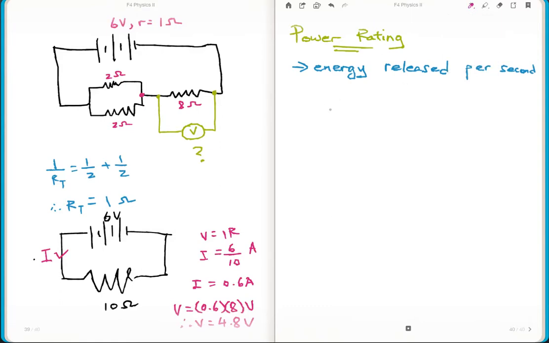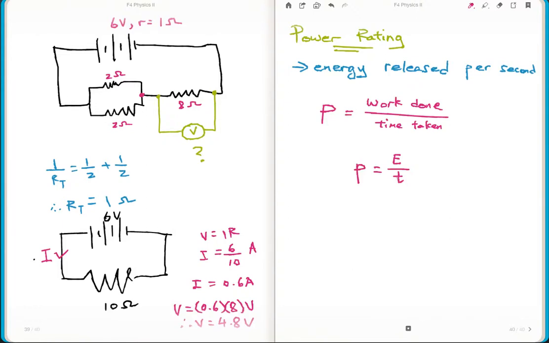Power, symbol P, is actually work done over time taken to complete the work. So P equals E over T, or the rate of change of work done, or rate of change of energy exchange.